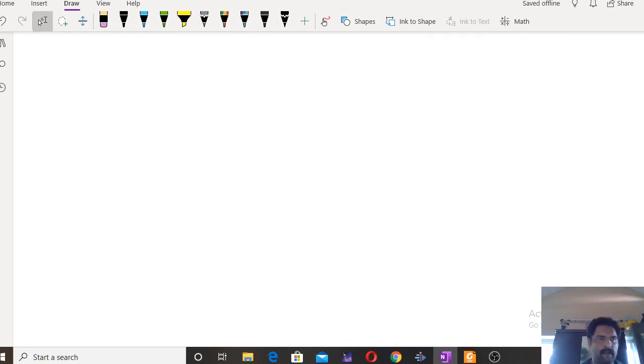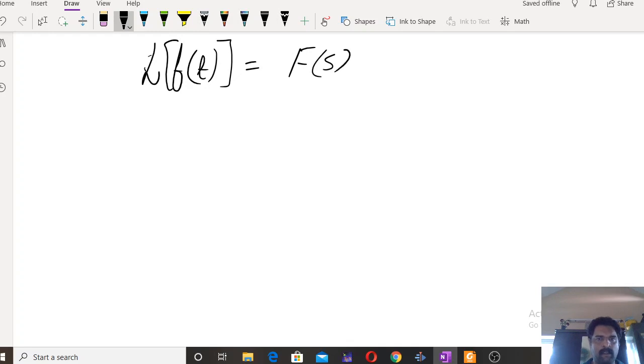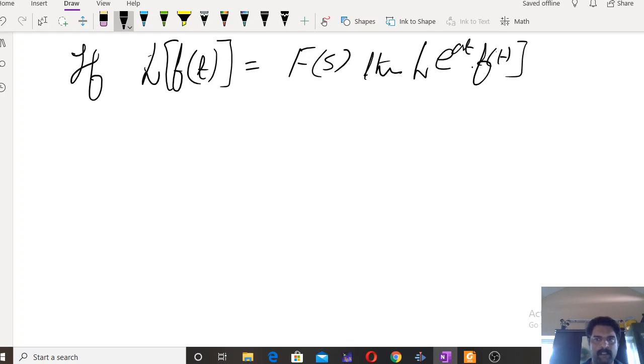Now, let's have some functions which can be solved using the first shifting theorem. If the Laplace transform of f of t is equal to capital F of s, then by the shifting theorem the Laplace transform of e raised to at into f of t is equal to capital F of s minus a.